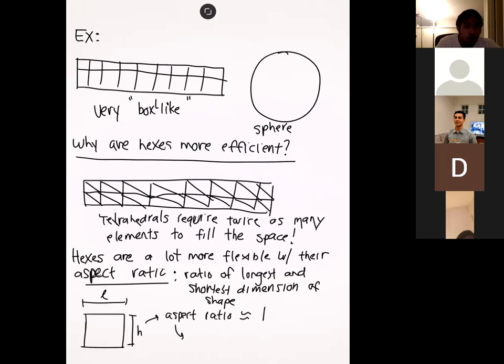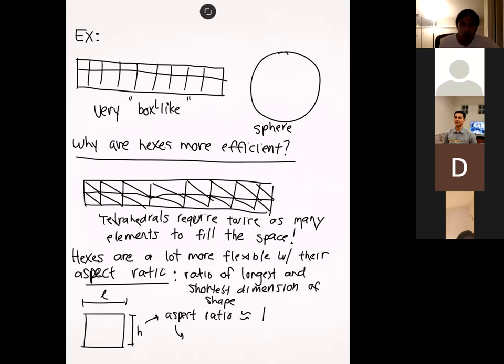And ideally, when you're doing finite elements, when you mesh your geometry, most of your elements should have an aspect ratio of about 1. What that tells you is that your elements are better quality.